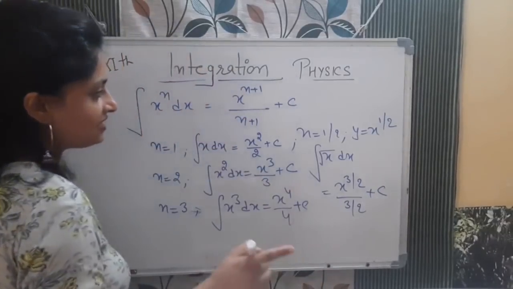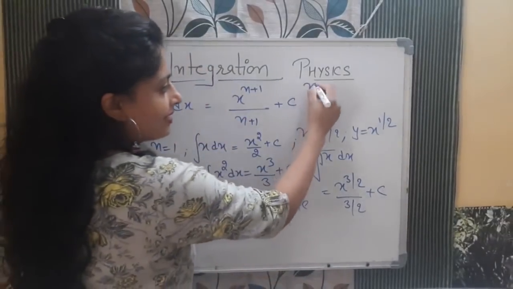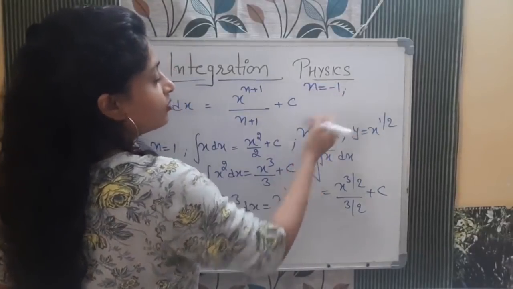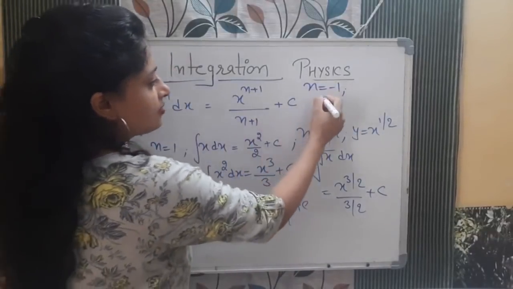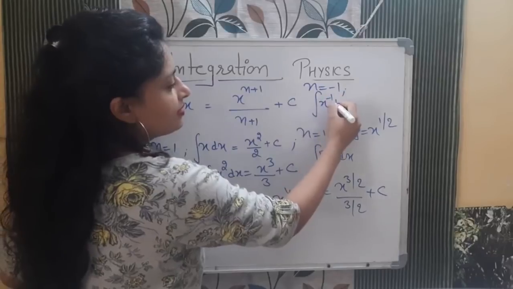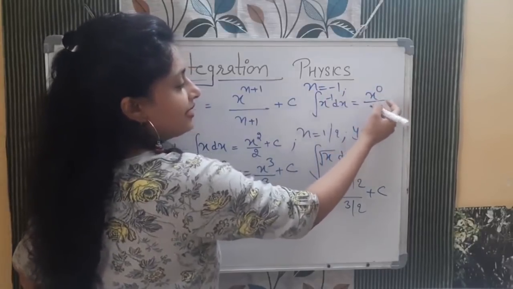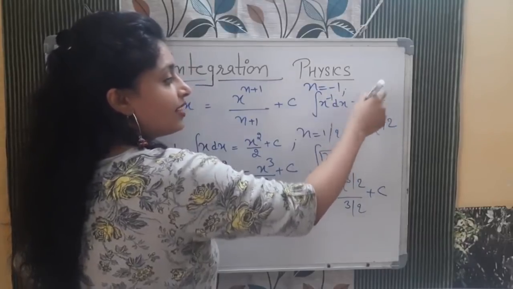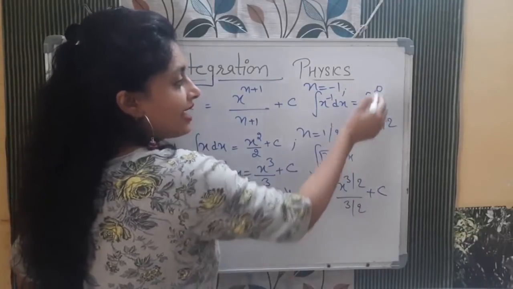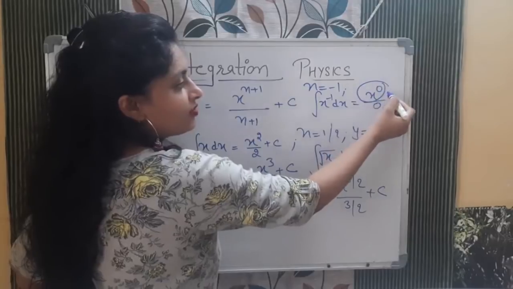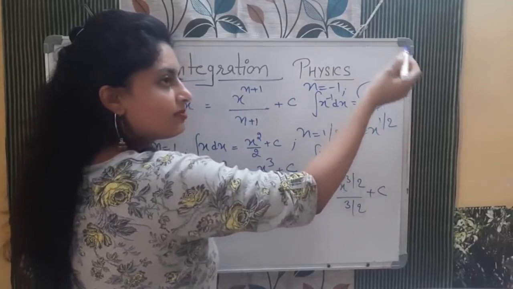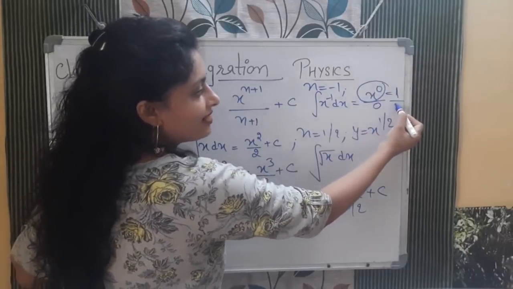Now if I say n is equal to minus 1, what will you do? Now again put in this: x raised to the power minus 1 dx. Now increase the power to 0, divided by n plus 1. Now you will divide by 0. Anything x raised to the power 0 will be what, child? 1. Anything raised to the power 0 is equal to 1. 1 divided by 0.